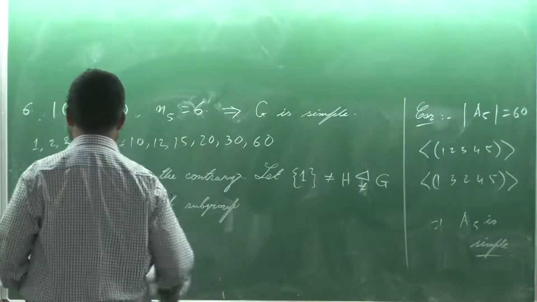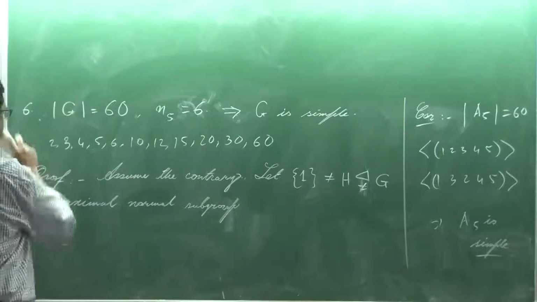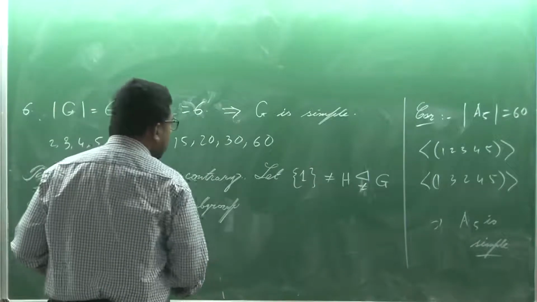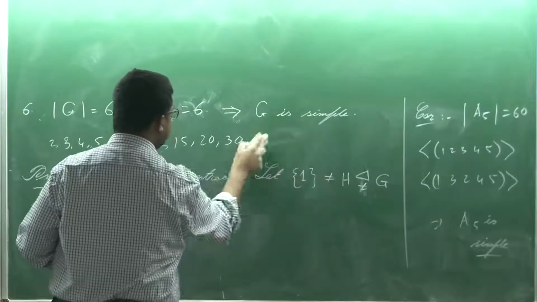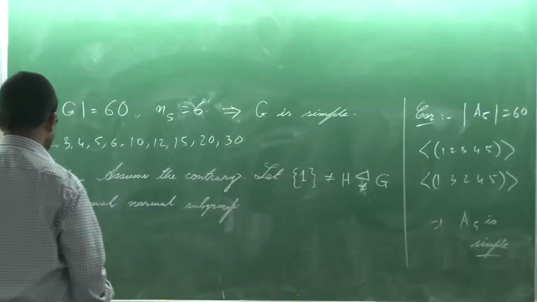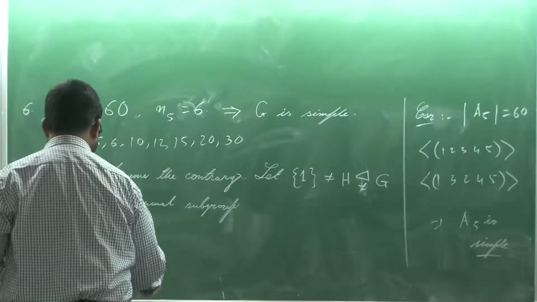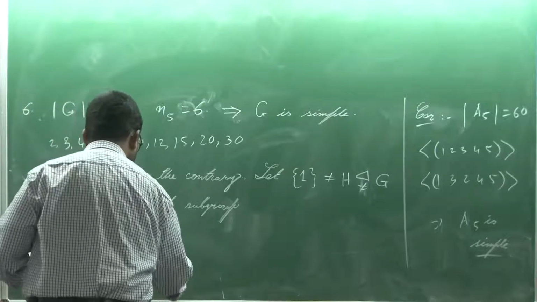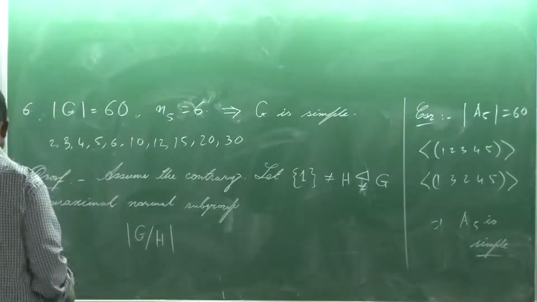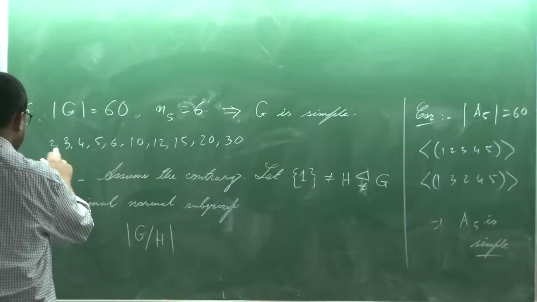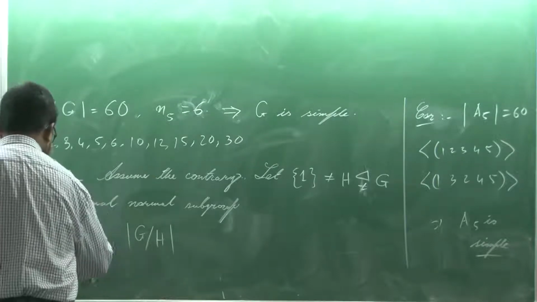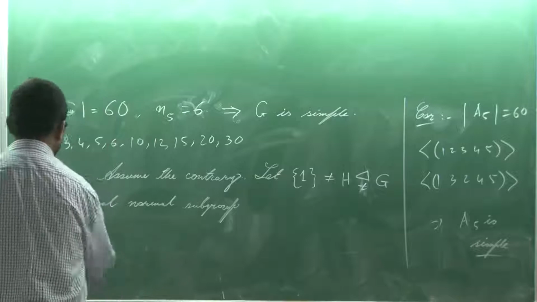So, of course, this goes, and as I said, this too goes. Now, let me directly compute the order of G modulo H. Let us do it one by one.